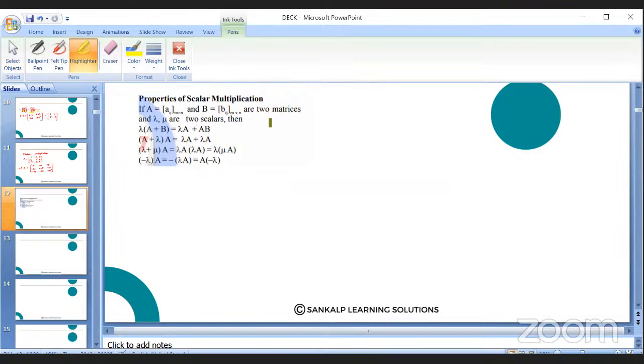Suppose you have matrix A and matrix B. Then a number lambda into A plus B is the same as lambda A plus lambda B. Similarly, lambda plus lambda into A is lambda A plus lambda A. Lambda and mu are numbers, lambda plus mu into A. Actually, this property is not written correctly.